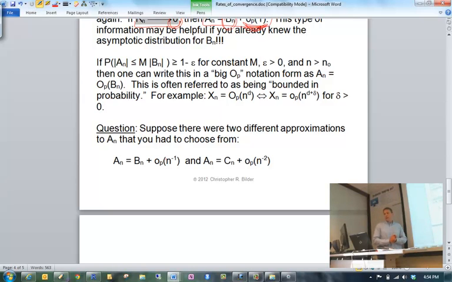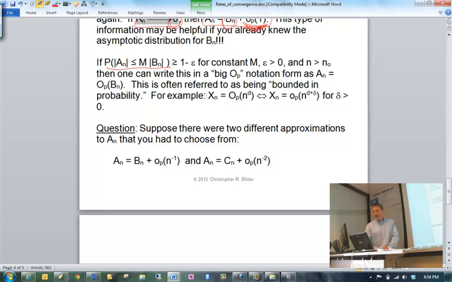You could also talk about big O sub p notation. Basically this is the same idea that we have this stuff that's bounded. We have these two random variables that, when you take the ratio, they are bounded by some constant as n goes to infinity, bounded in probability.